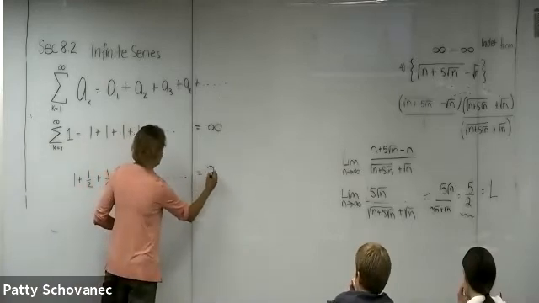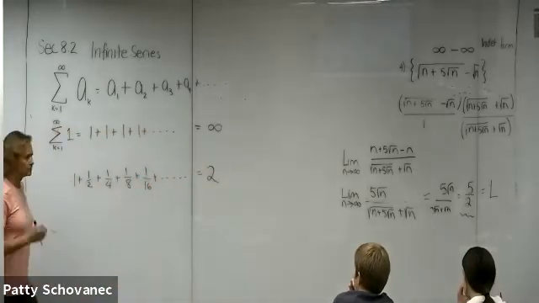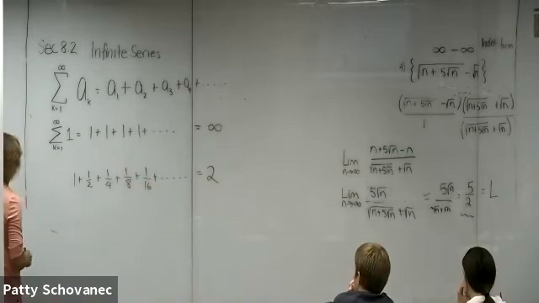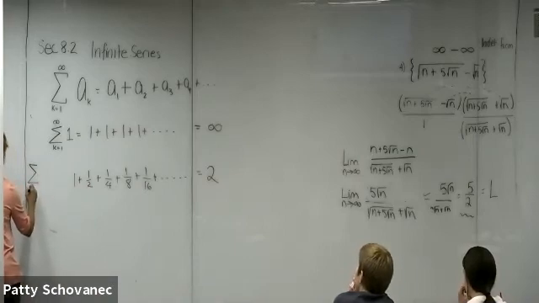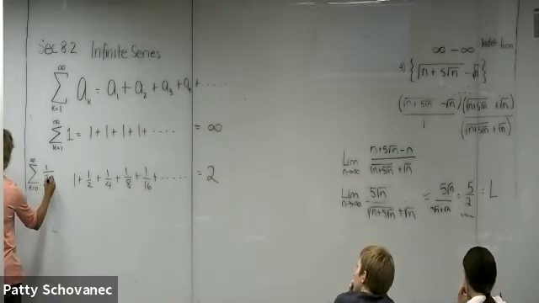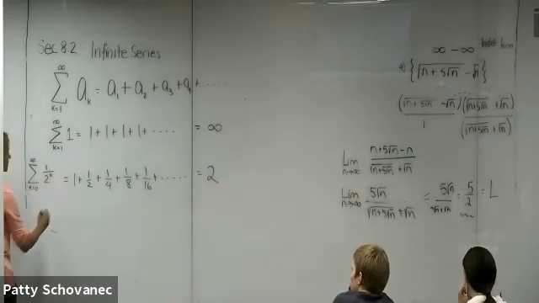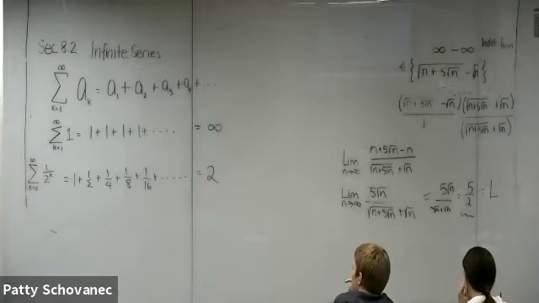Zach is telling us that adds up to 2. And it does. This series has powers of 2 on the bottom, so maybe I'll start my counter at 0 and add up things that look like 1 over 2 to the k. This one diverges, this one converges.